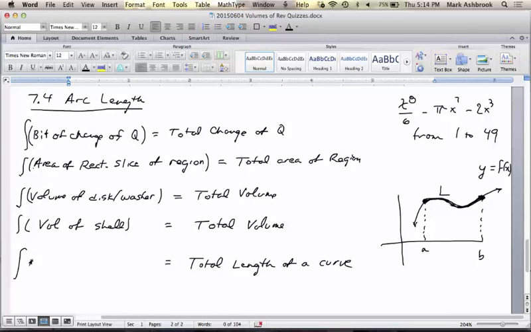But what are we going to sum up? Points? Small length of the curve? Yeah, so we're going to sum up little itty bitty lengths of the curve. We're going to break this up into a zillion little pieces and add them all up. So what will those pieces be like?